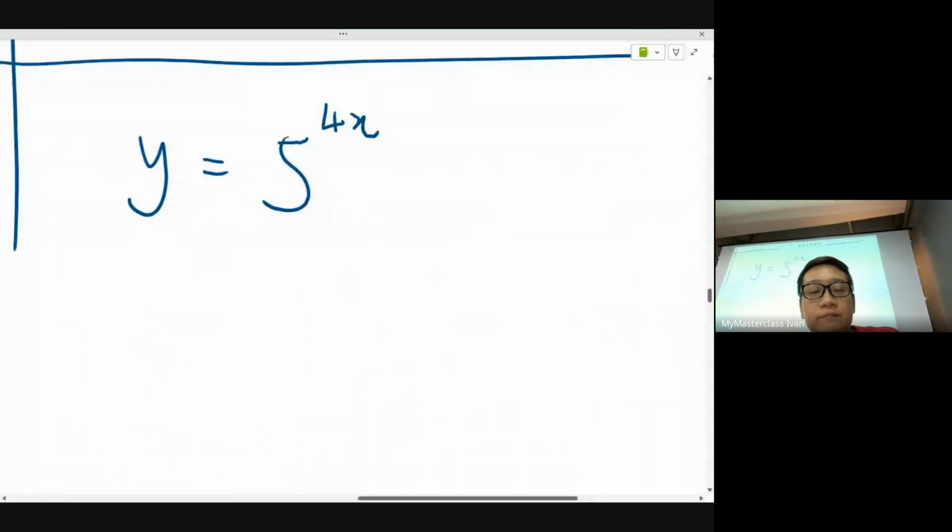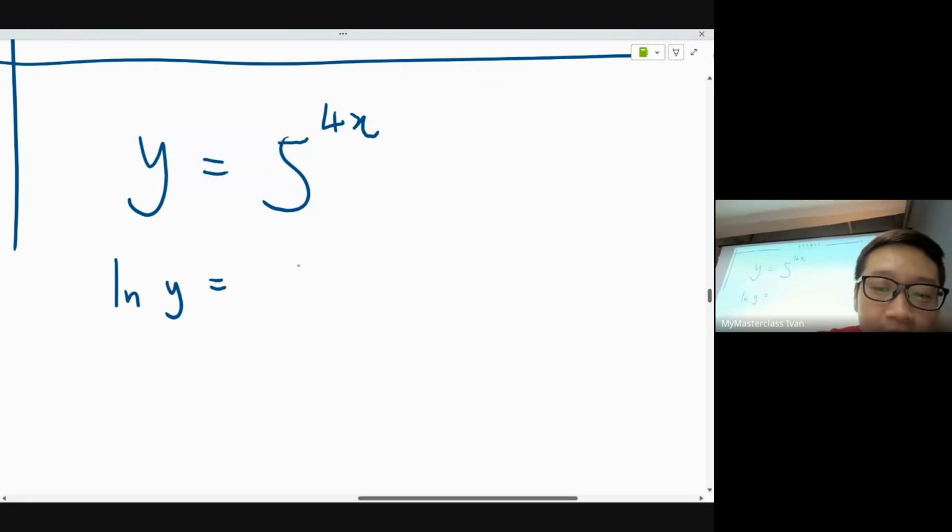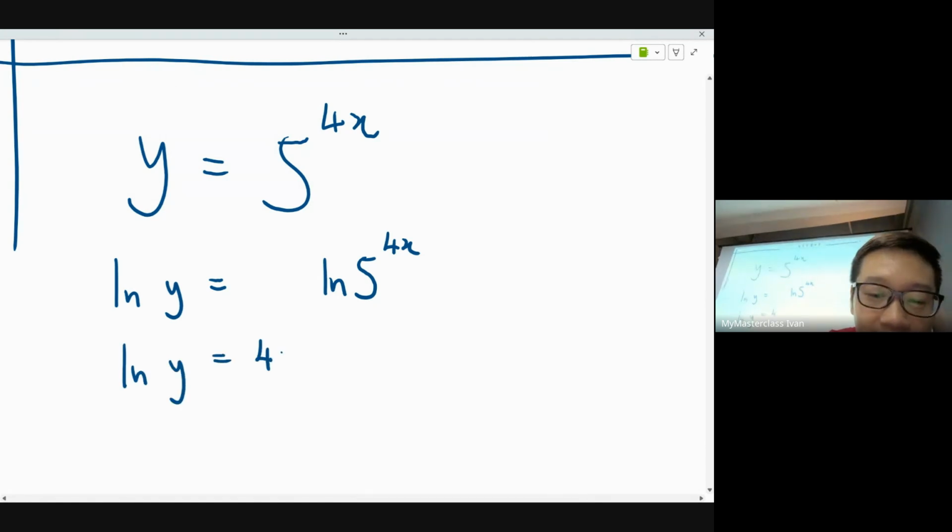Whenever you all see x as a power, the only way to bring down x as a power is to do what, Josh? Ln. So I have ln y equals to ln 5 to the power of 4x. And then it will become ln y equals to 4x times ln 5.